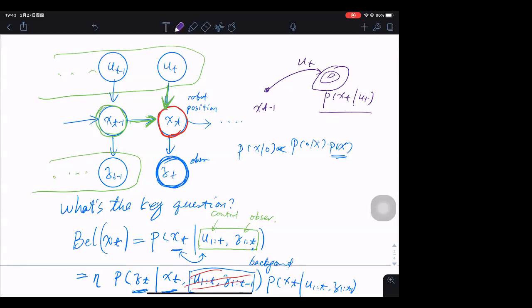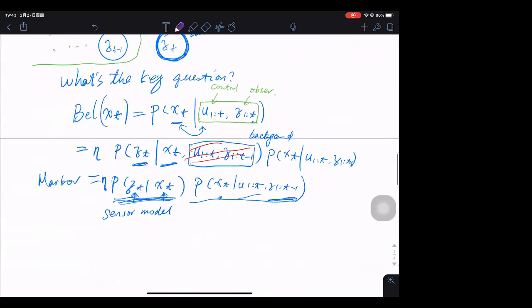So actually it's not only ut, it's ut and xt minus 1. But we don't have the term xt minus 1 yet. So we need to use the total probability, or marginalization, marginalize over xt minus 1. Okay, what will you have? You have the normalizer times your sensor model times what?